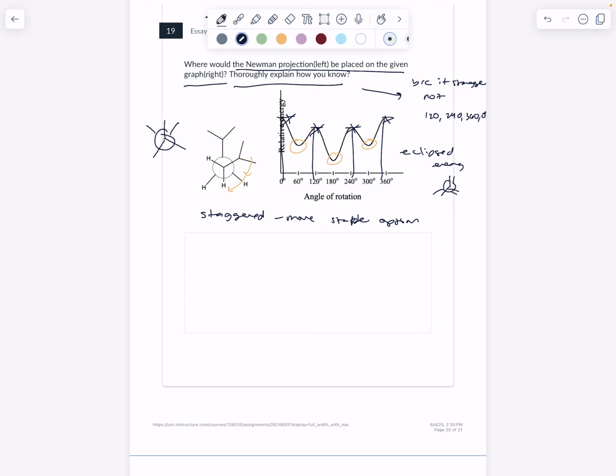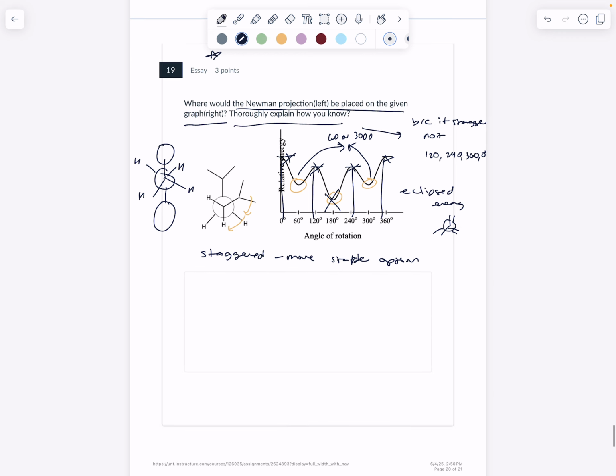So in this case, if you have a big group here, you want the other big group to be here. And we don't have that. We have our big groups right next to each other. So because our big groups are right next to each other, it can't be the most stable position. So that leaves only 60 and 300. So you could put it at either of those positions and it would be considered correct.